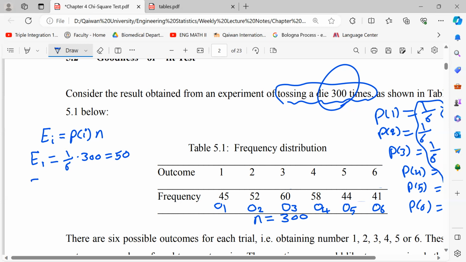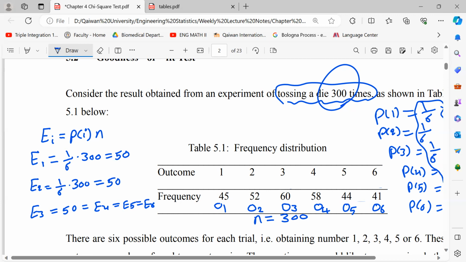Then E2: the probability of 2 is 1 over 6, N is still 300, so it is 50. E3 is 50, equal to E4, E5, E6.